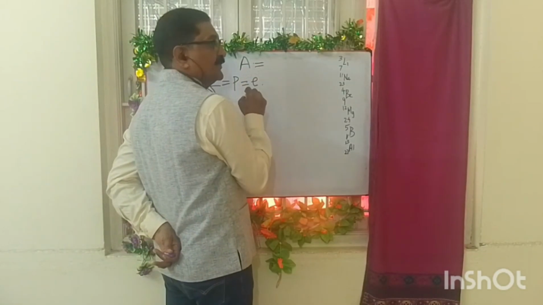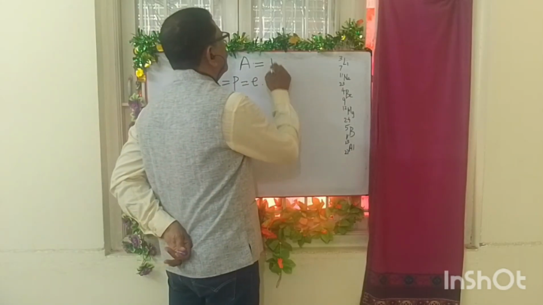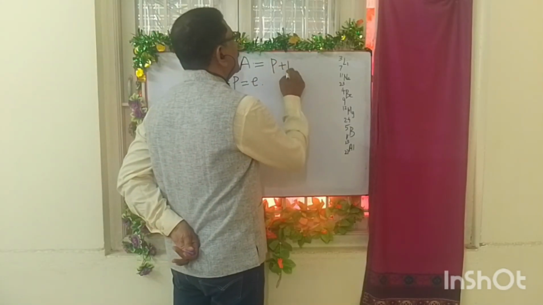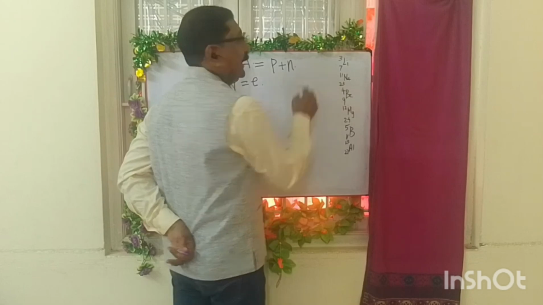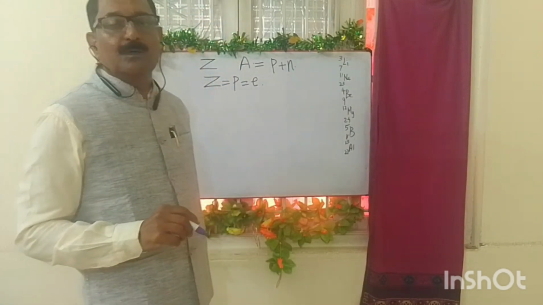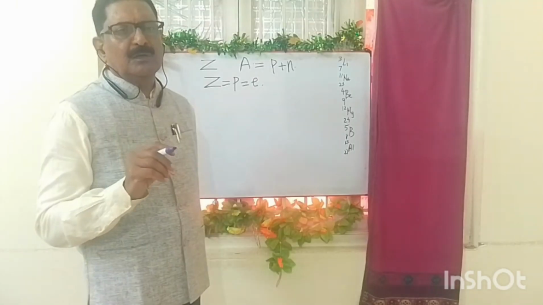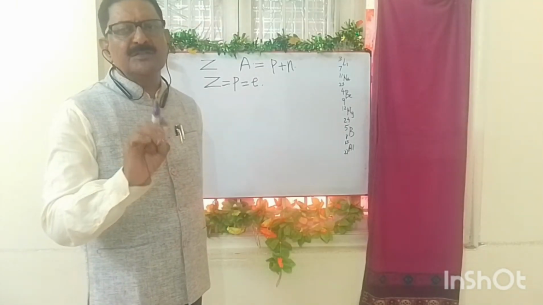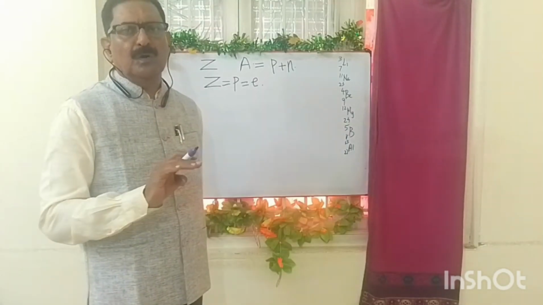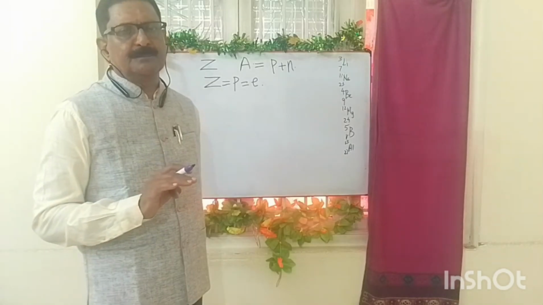Atomic mass or mass number is the mass of proton plus mass of neutron. Then you may ask, what about the mass of electron? The mass of electrons is nearly zero, so we do not want to consider that.